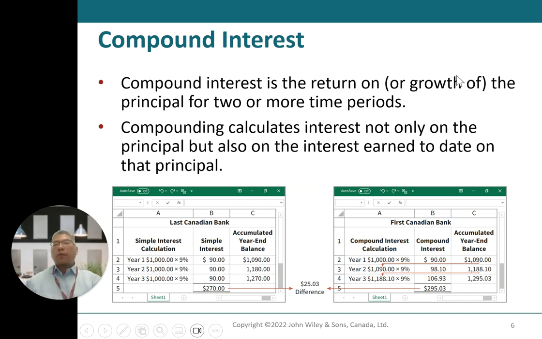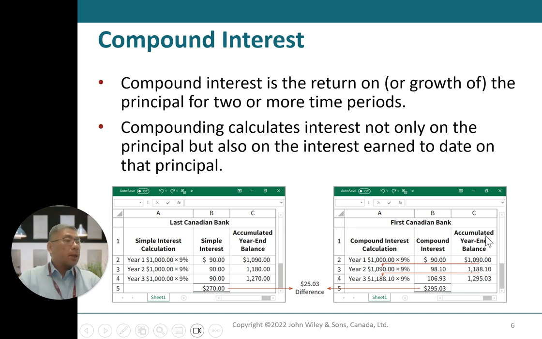Let's look at the definition of compound interest. Compound interest is the return on growth of the principal for two or more time periods. Compounding calculates interest not only on the principal but also on interest earned to date on that principal. So here, this is a typical simple interest. You get 90 here, and the second year will be 90.